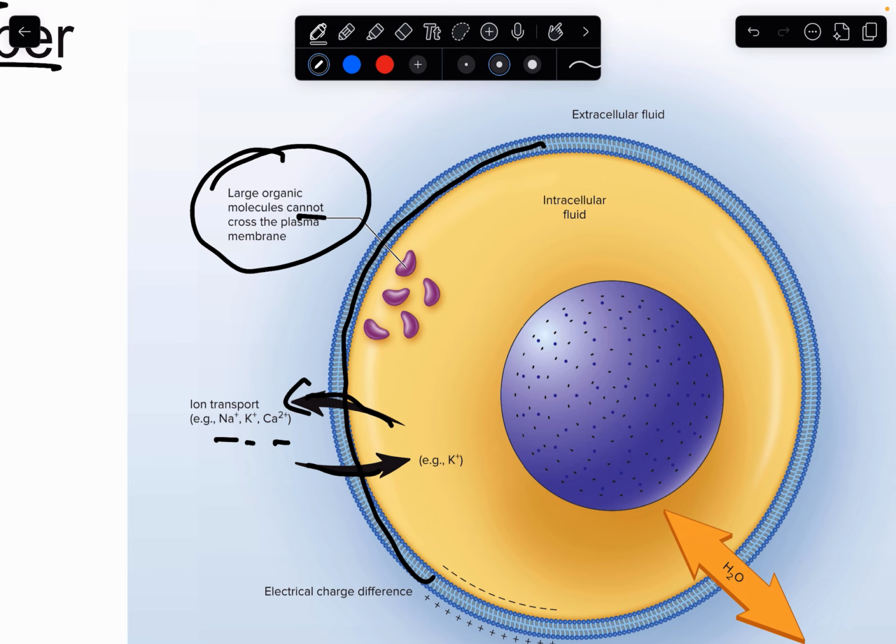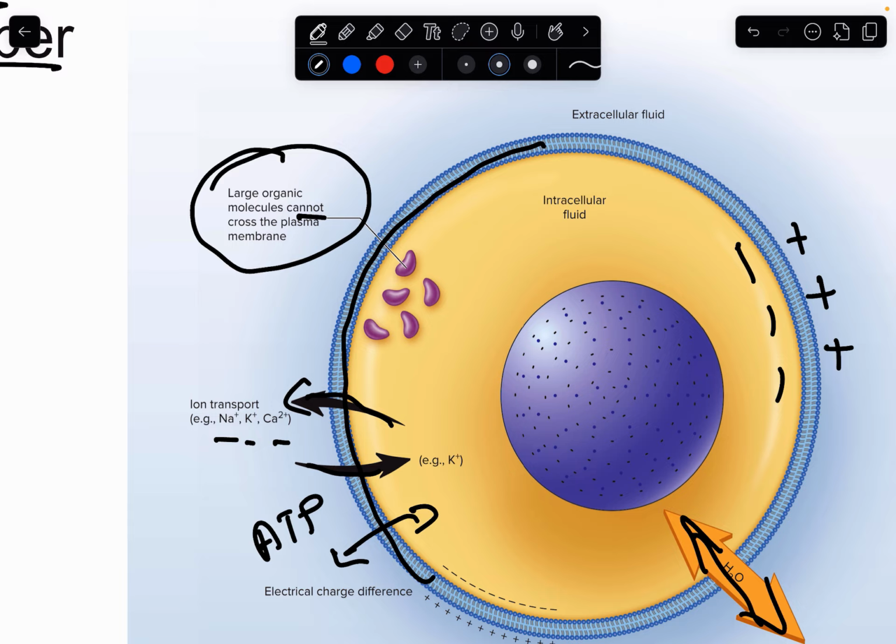Some other things we're going to study go in and out in the presence of ATP, energy required. Also, the plasma membrane's inside is negatively charged and the outside is positively charged. So water will flow in both directions.